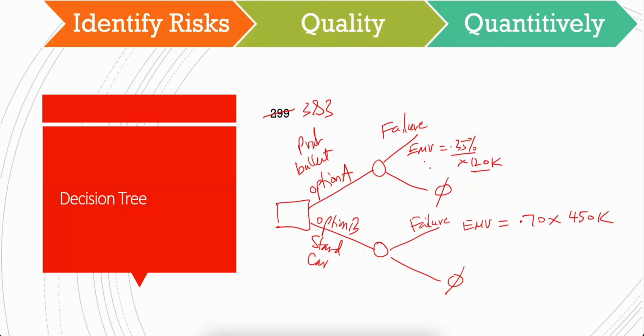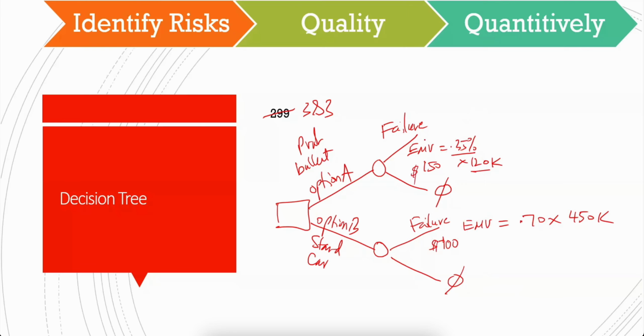Let's come up with a number. Let's say 150. That's not correct, but let's say 150. Here, for option B, standard car, you know that if you drive this car, your probability of getting killed is high, so you get a low EMV. Let's say it's $100 here, $150.